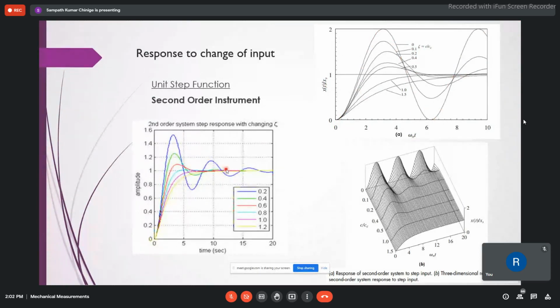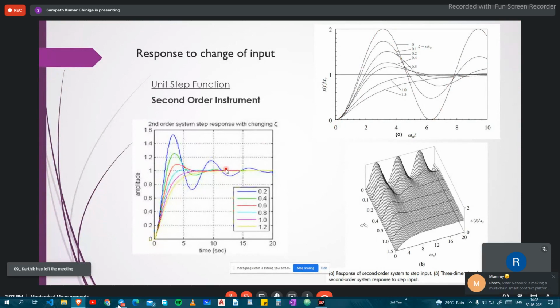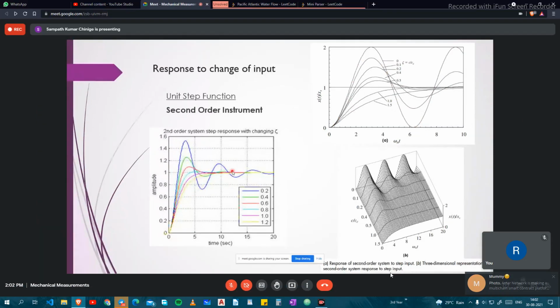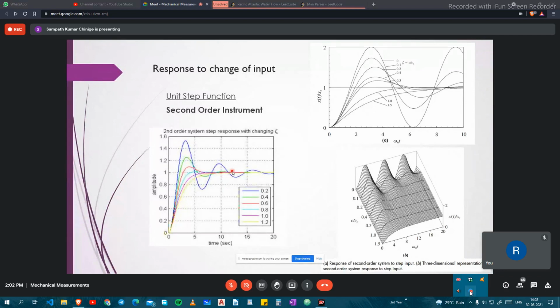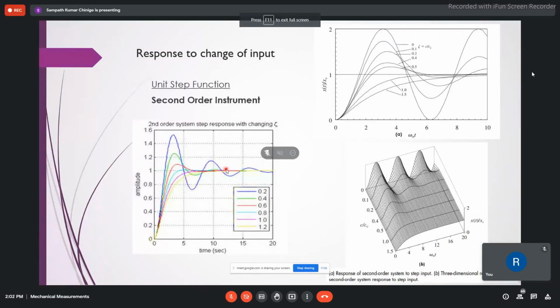It keeps on oscillating. If you are not providing any damping, the system for a given step input will never reach an equilibrium state. For example, if you see torsion dynamometers, the needle will keep on fluctuating. It will not come to a constant position.